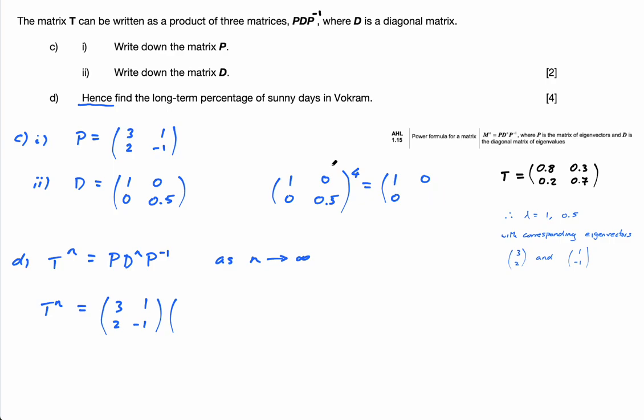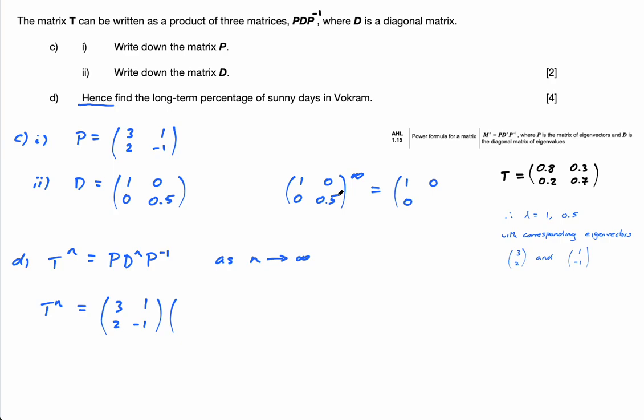So when I do this 1, 0, 0, 0.5 to the power of infinity, it equals 1 to the power of infinity, which is 1, 0, 0, and 0.5 to the power of infinity. Now, what's 0.5 to the power of infinity?